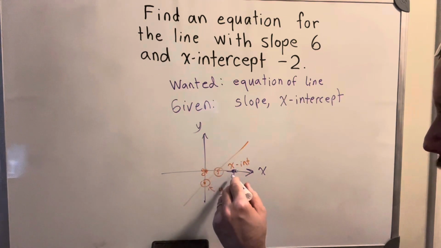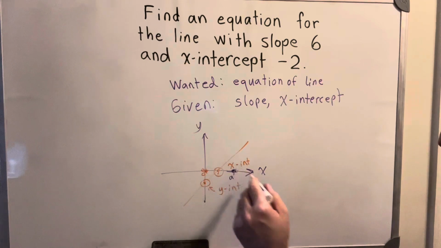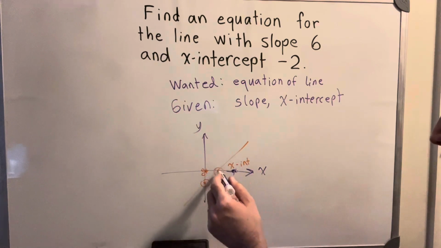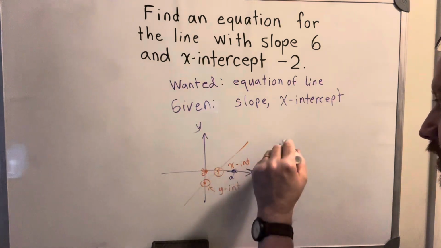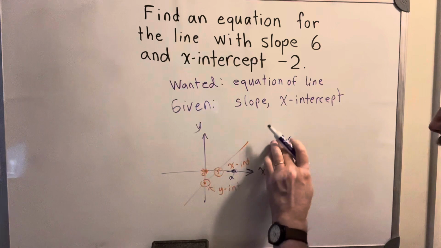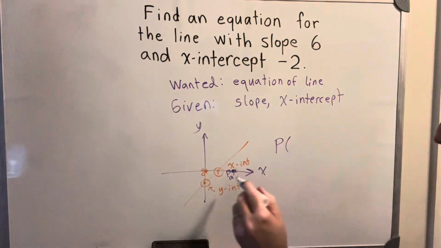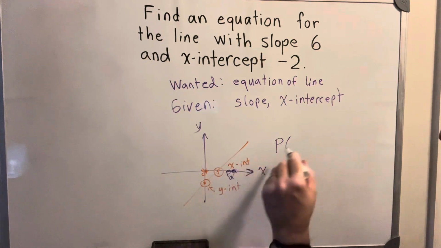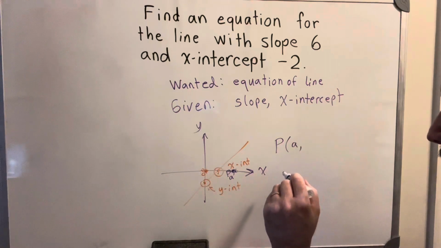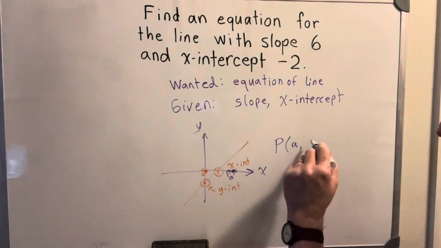Let's say this was at point A, where A is some number. Since A is on the x-axis, or you could say A intercepts the x-axis, let's call this point P. Remember, the first coordinate is the x coordinate, and the second coordinate is the coordinate on the y-axis.